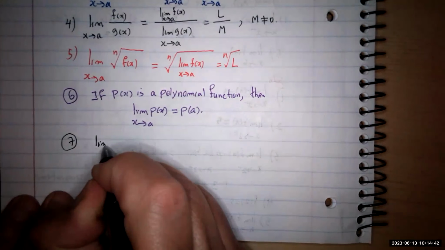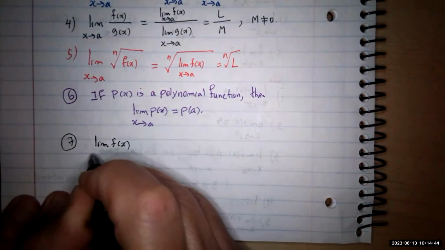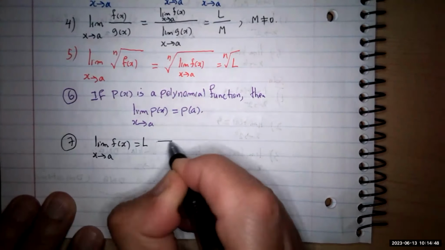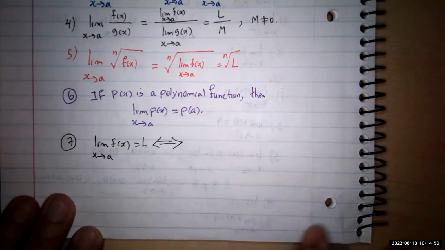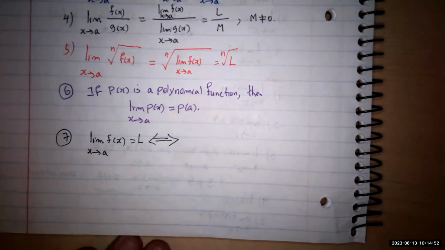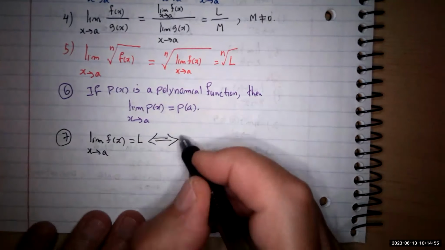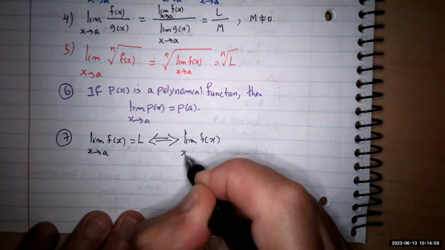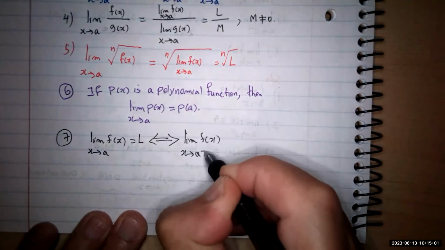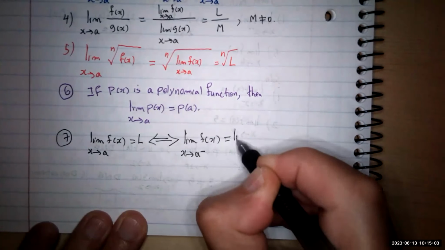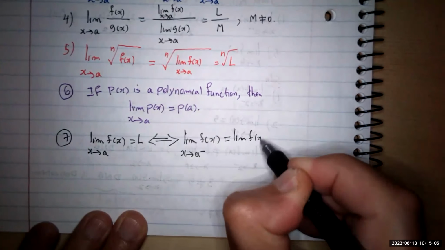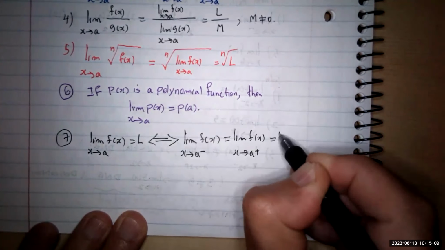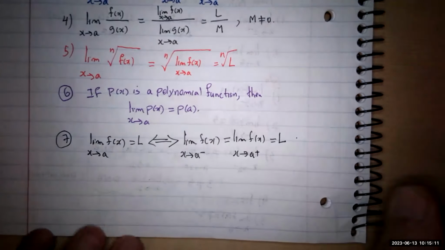So the limit of f of x when x goes to A is equal to L if and only if the right and the left limits are the same. Limit of f of x when x goes to A from the left is the same as the limit of f of x when x goes to A from the right, and this must be L. That's it.